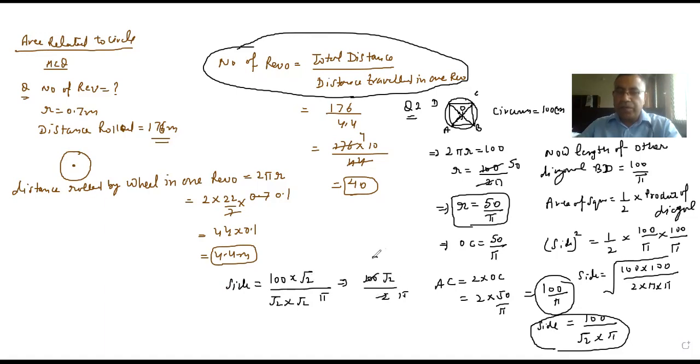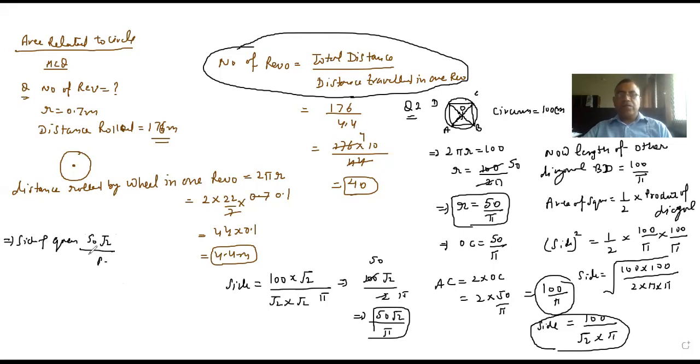So 2 into this is 50. So which implies 50 under root 2 upon pi. This is the answer. This will represent the side of the square. So this is 50 under root 2 upon pi.